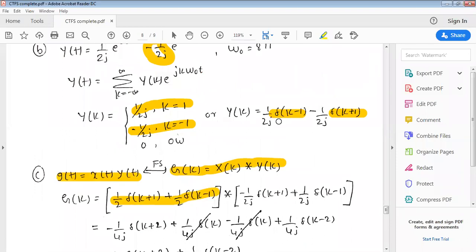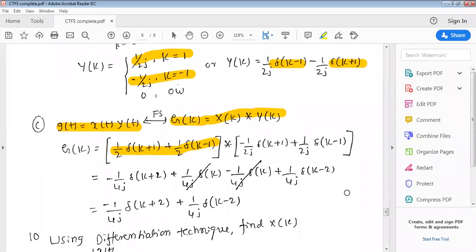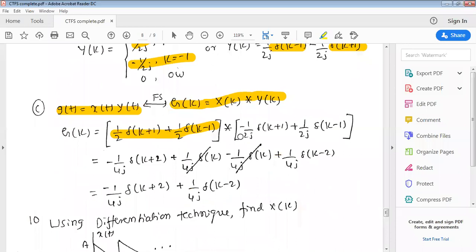And what is your y of k? It is minus 1 by 2j into delta of k plus 1 plus 1 by 2j into delta of k minus 1. I have written it. So 1 by 2 into, multiply each one of them. 1 by 2 into minus 1 by 2j is minus 1 by 4j, delta of k plus 1 and delta of k plus 1 gives me delta of k plus 2. So k will remain unchanged, add the other terms. Plus 1 will become plus 2.